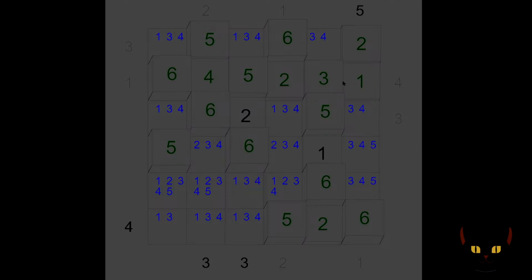Which clue? 3 pair. Oops. These can't be part of the 3. 5 foot. 2. 1.